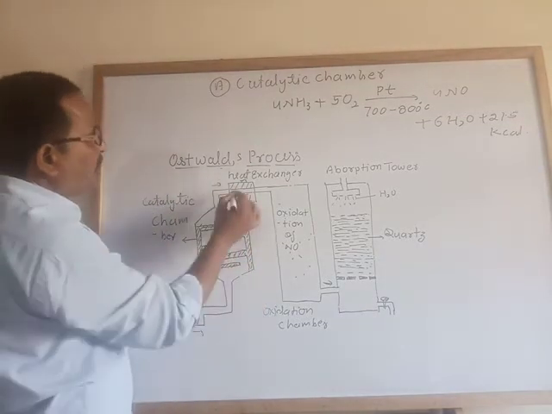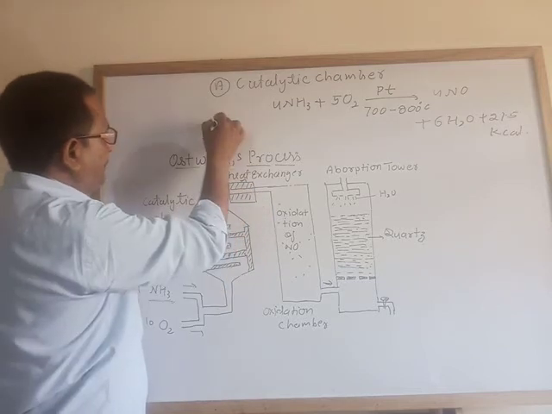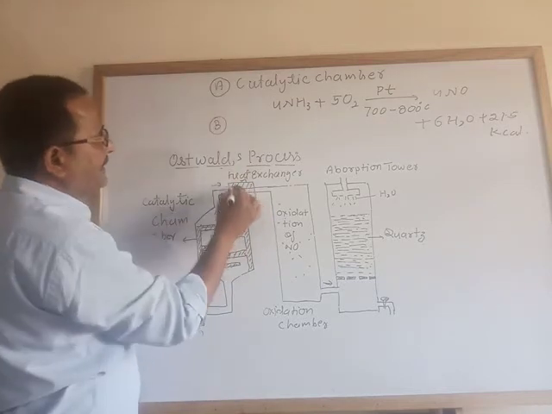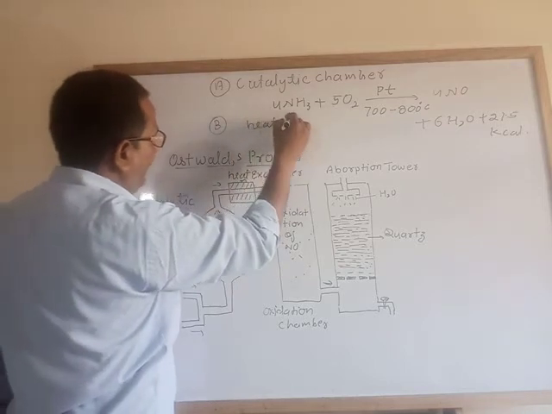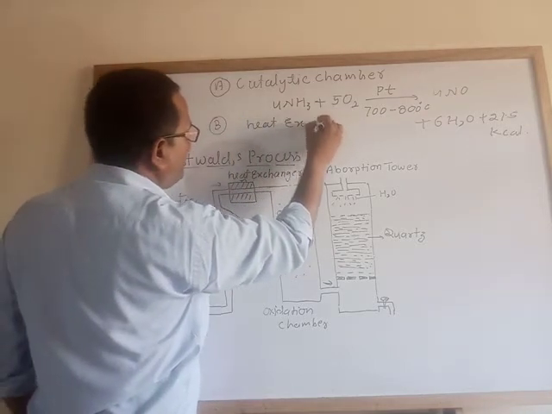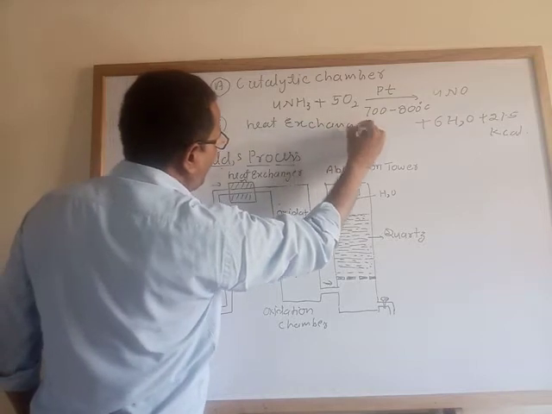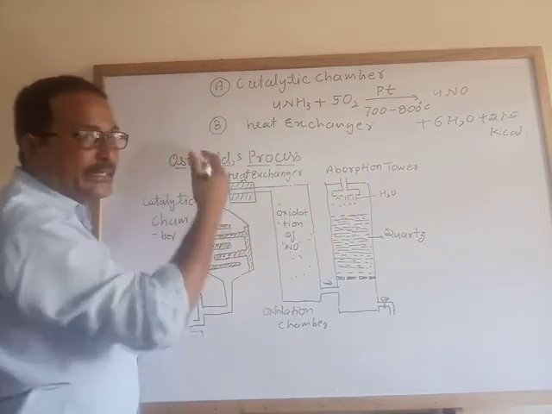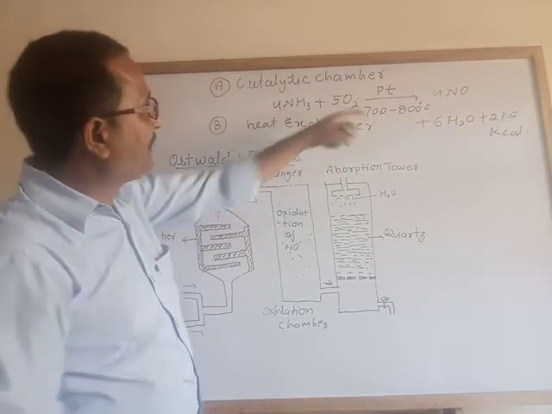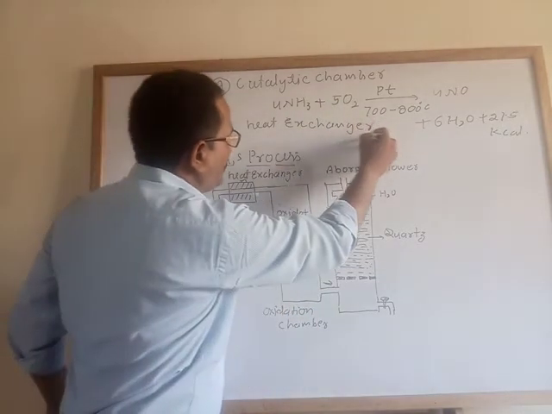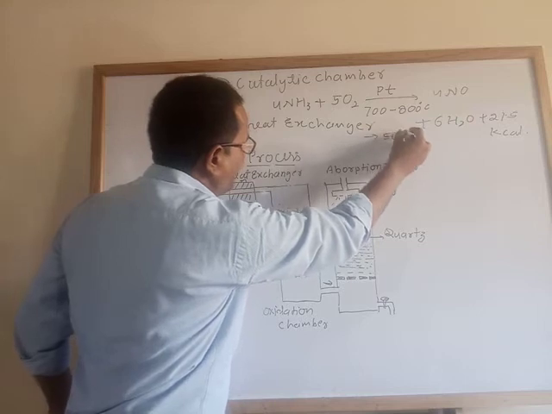Now move toward the next one, B, which is called the heat exchanger. The work of the heat exchanger is to reduce the high temperature down to 50 degrees Celsius.